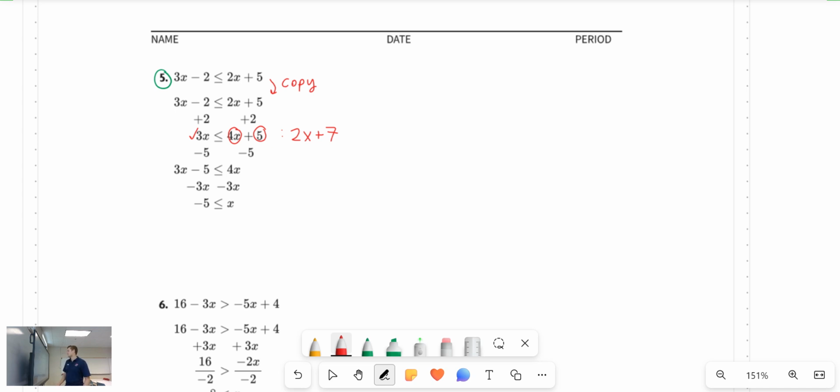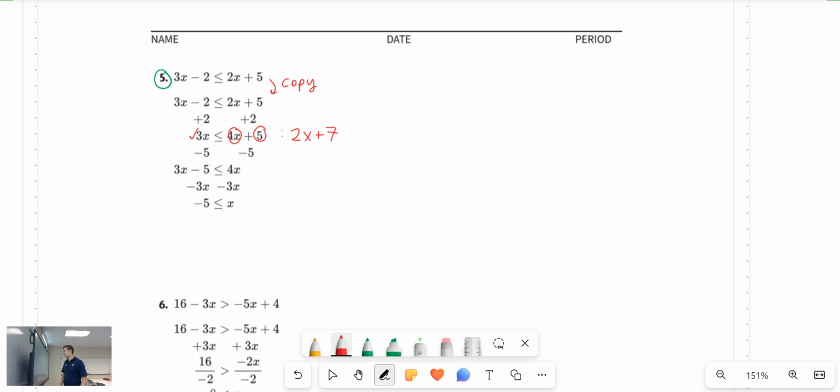And then what did they do? Then it looks like they subtracted 5 from both sides, which you can do. Yep, you could then subtract 5 from both sides. That would be the correct next step. Assuming they did that right, we would take away 5 from both sides. That's fine. Subtract 3x from both sides. That's fine.